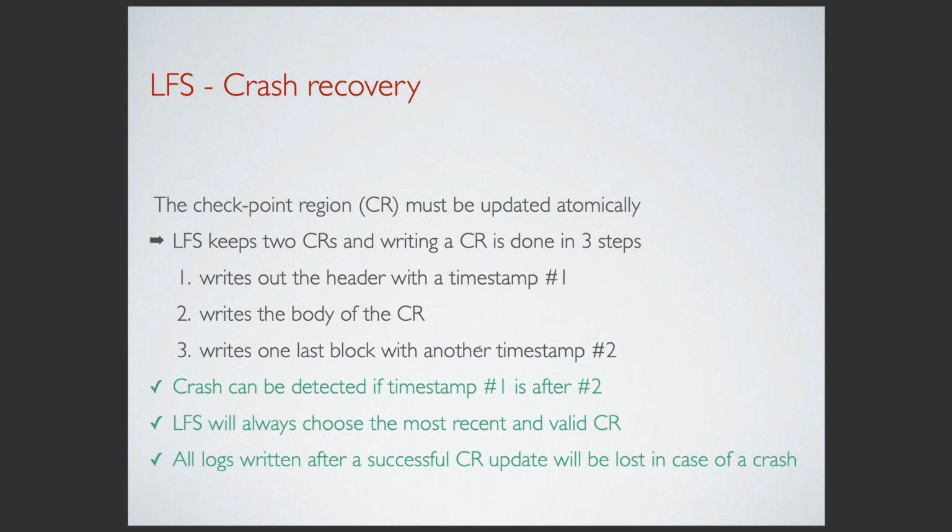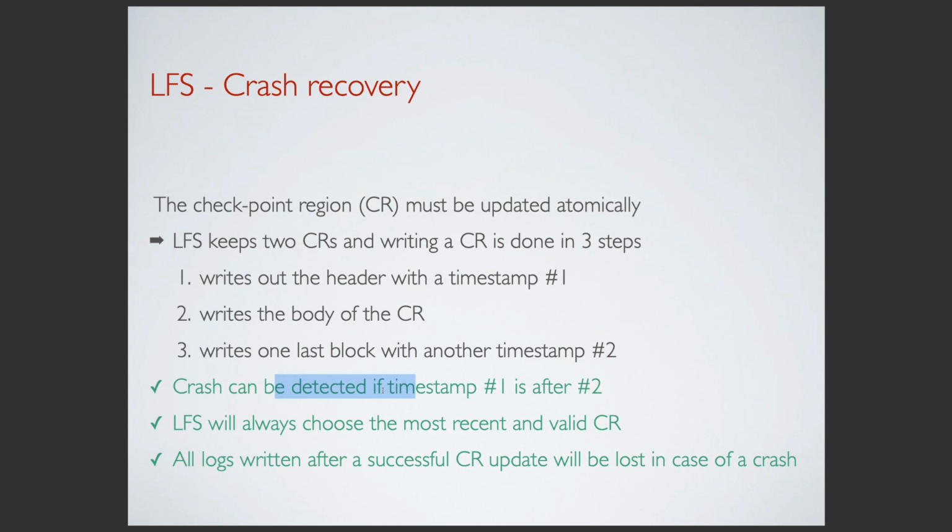So if there is a crash in the middle, you can detect it. Why? Because timestamp number 1 is going to be after number 2. If you haven't completely written the CR, this timestamp is going to be older than this one. So you can detect that there was a crash.